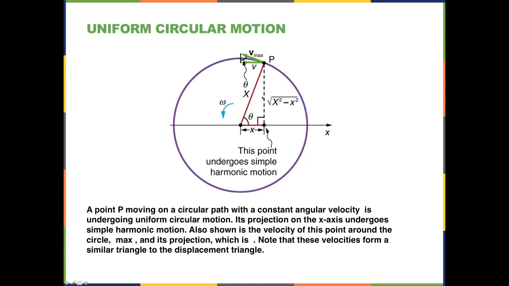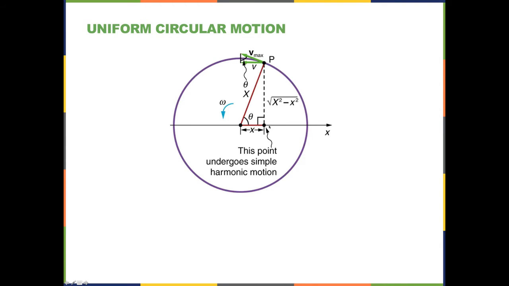So as P moves along this path at a constant velocity, it projects on the x-axis a movement back and forth in a simple harmonic motion. The velocity at this point is projected, and these velocities form this triangle here, and this can then be calculated. So that's what we're going to do in this next slide.